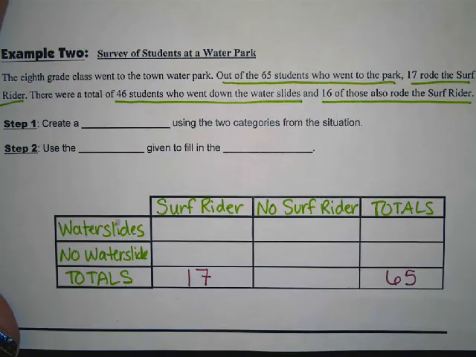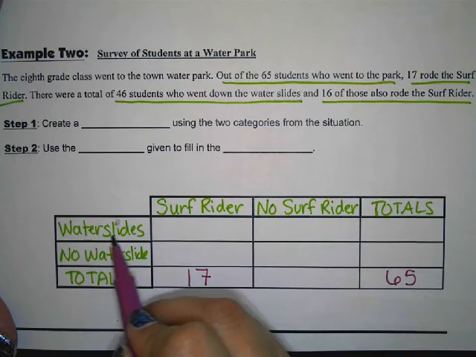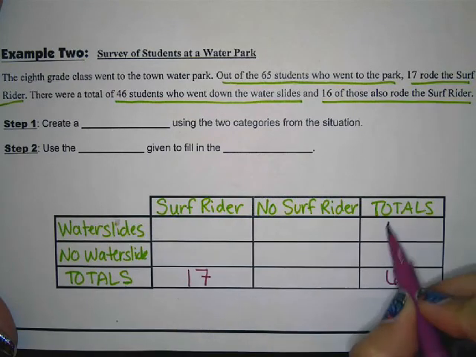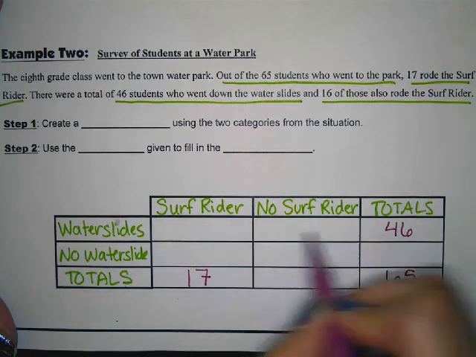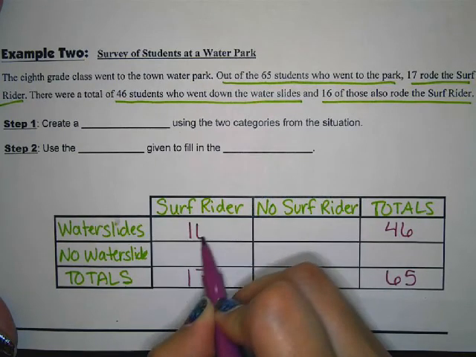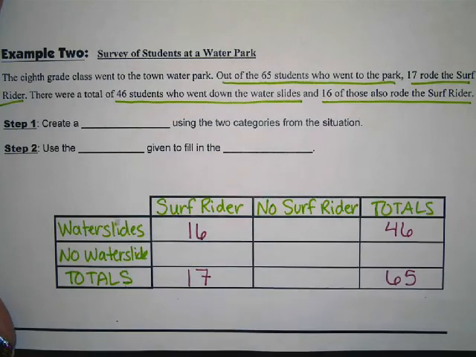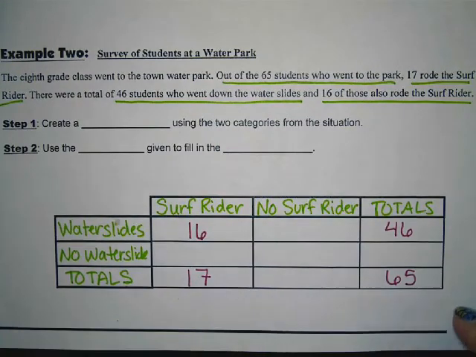There were a total of 46 students who went down the water slides. So for water slides, there were 46 total students. 16 of those also rode surf rider. So 16 goes here.